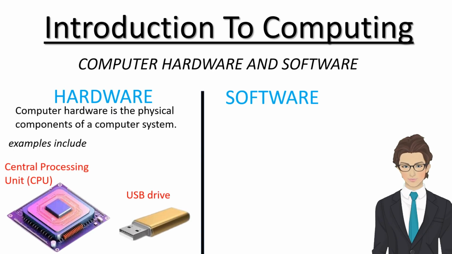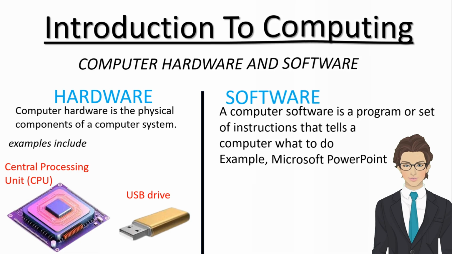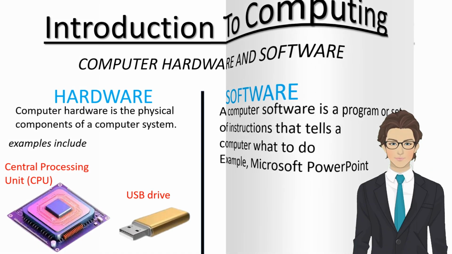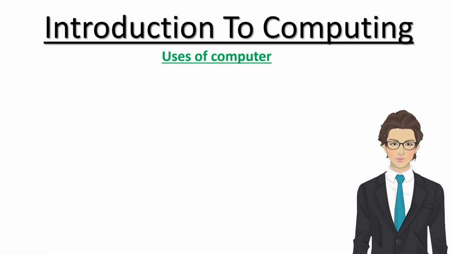The software. A computer software is a program or set of instructions that tells a computer what to do. Example, Microsoft PowerPoint. Learners, from what you've learned, what do you think the uses of computer will be?